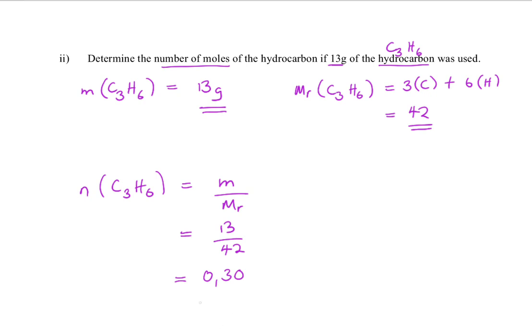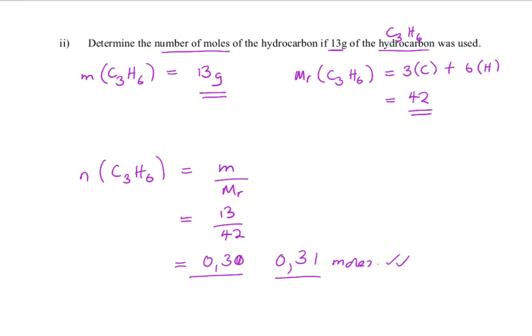So we just say 0.30, or we approximate to 0.31. Those are the number of moles that we have. Another person was just going to say 0.3 moles, or 0.31 moles. So that wraps up our question number 2.